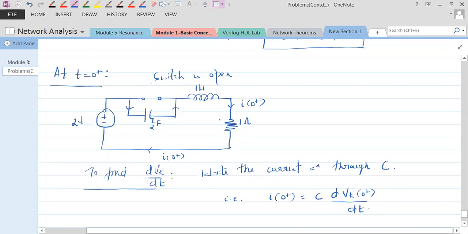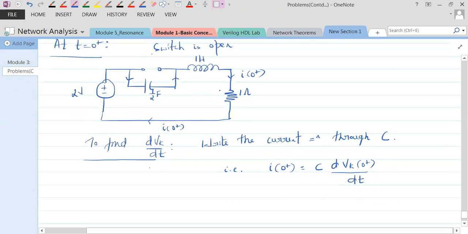Understand that? So we have the first order differential. So this implies that dVk of 0 plus by dt is actually 1 by C into I of 0 plus. C is half farad, so it's 1 by half.